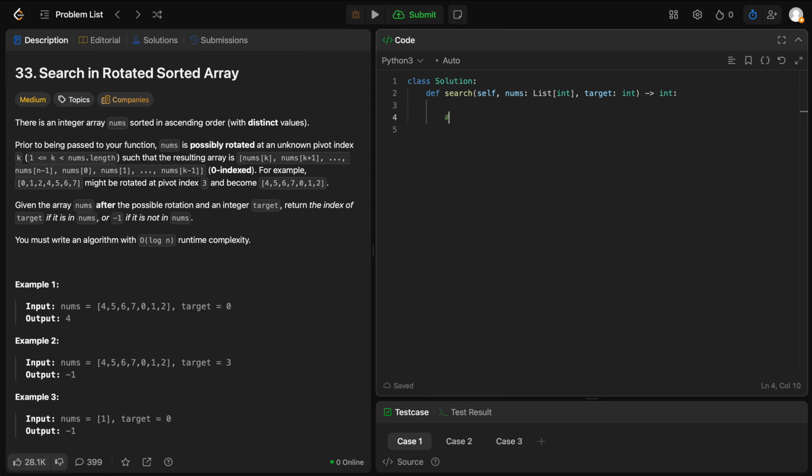Let's do that. So first find the index of minimum. Well, not actually 3, I do 2 binary searches for this example. So find index of minimum.